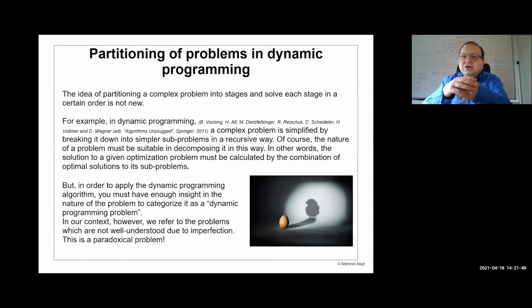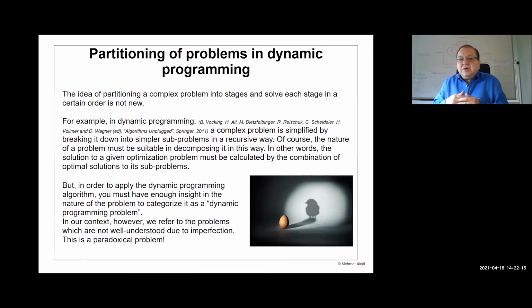In other words, the solution to a given optimization problem must be calculated by the combination of optimal solutions to its sub-problems. But in order to apply the dynamic programming algorithm, you must have enough insight into the nature of the problem to categorize it as a dynamic programming problem.